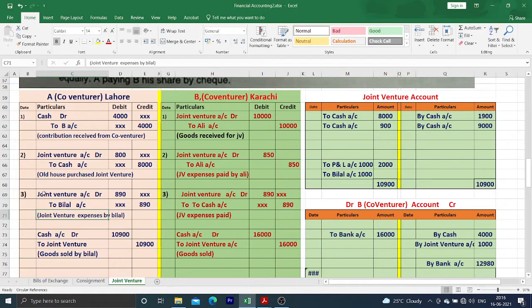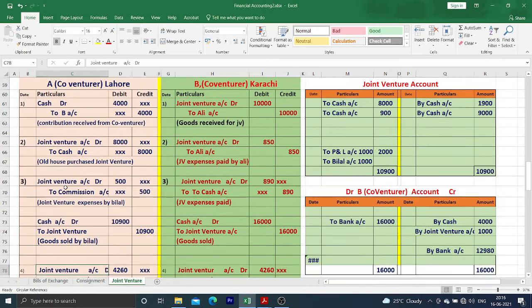Right? So there were joint venture expenses: joint venture expenses account debit to commission account, 500. Joint venture account debit to, and one more entry, joint venture to cash.